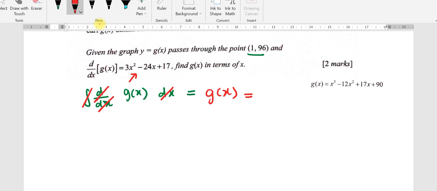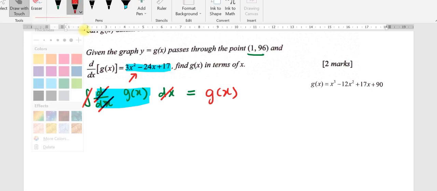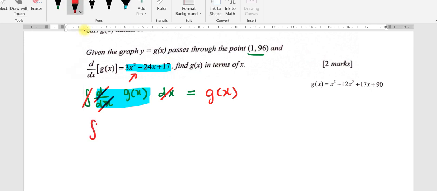Okay, tak apa. Kita ganti je lah. Kita ganti. You see this part. This part is actually equal to this. Correct or not? So, you integrate d over dx, gx maksudnya 3x square minus 24x plus 17, towards the dx.